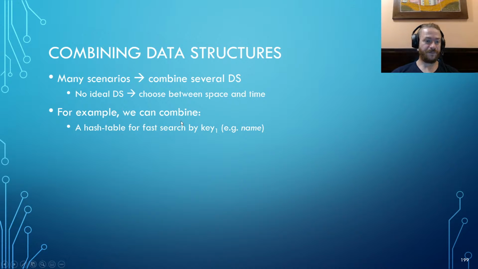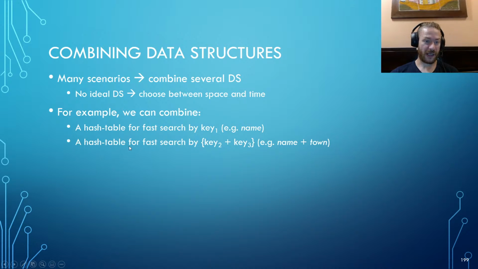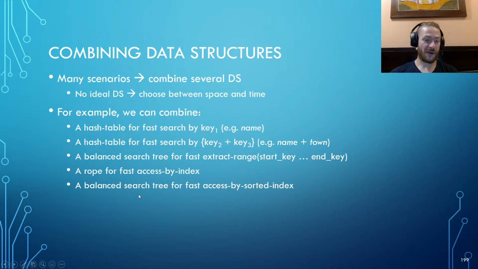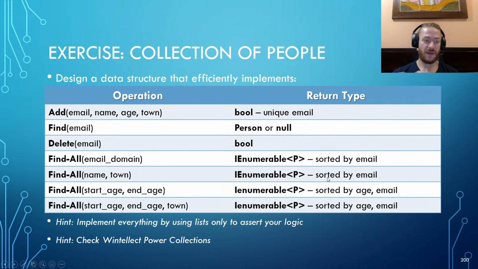For example, we may combine a hash table for fast search, a hash table for fast search by two keys, name plus town for example, a balanced search tree for fast extract range, start key and end key, a rope for fast access by index, a balanced search tree for fast access by sorted index. So different kinds of operations.